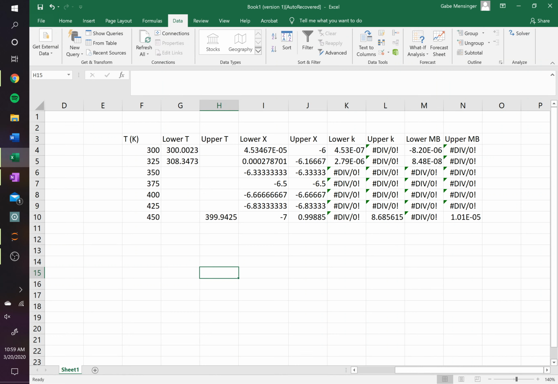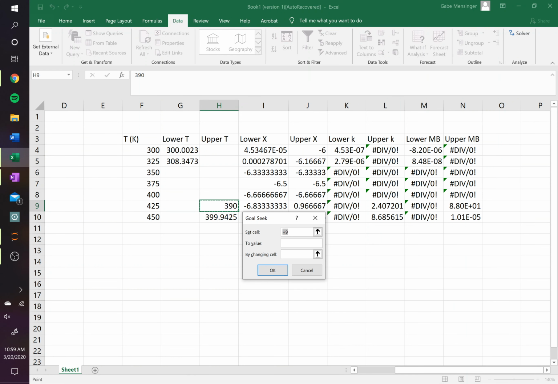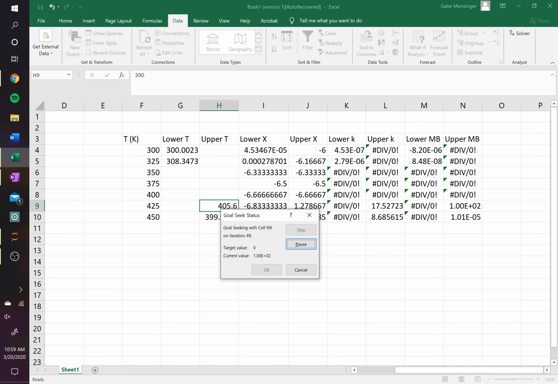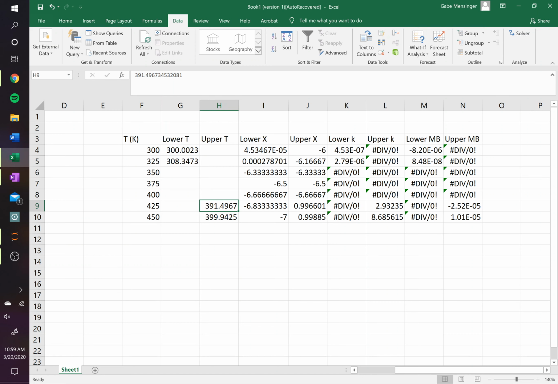Another problem with this one was your guess, like the guess that you're going to put here, let's pick a number, 390 again. If your guess isn't pretty close, you're likely going to have difficulties solving it. So I got it there. It still takes a while though, unfortunately.